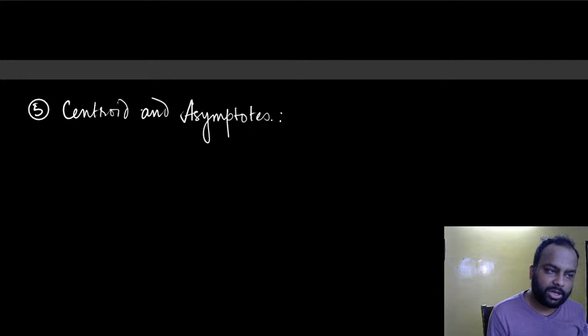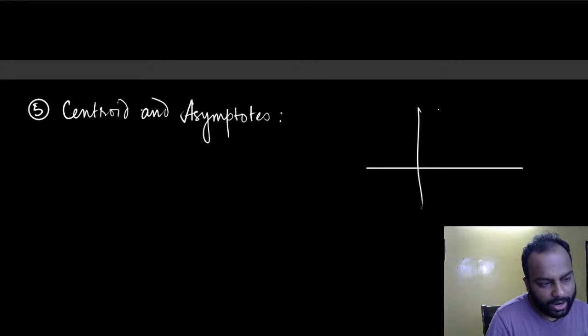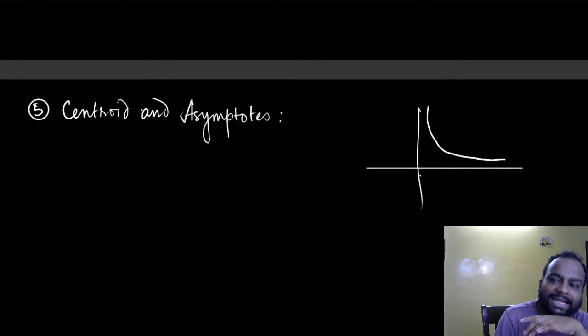Now, what are asymptotes? For us, asymptotes are essentially tangents at infinity. For example, if I draw a rectangular hyperbola, y equal to 1 by x, then both the x-axis and the y-axis are asymptotes.